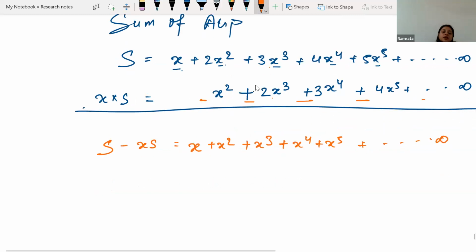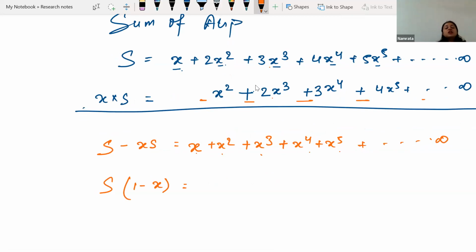Yes, ma'am. As common we can take 1 minus x, and on the right hand side, if you focus, x, x square, x cube, x to the power 4, x to the power 5, it's again a purely geometric series, right, Lina? Yes, ma'am.